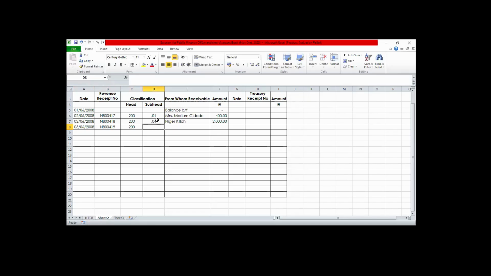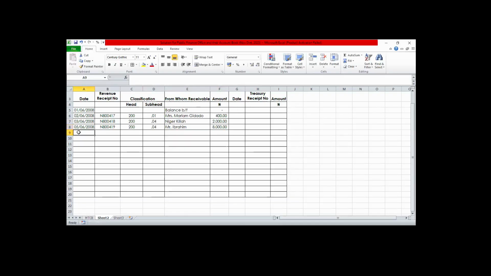What is the code? 04. He also paid for 04. How much does he pay? 8,000.